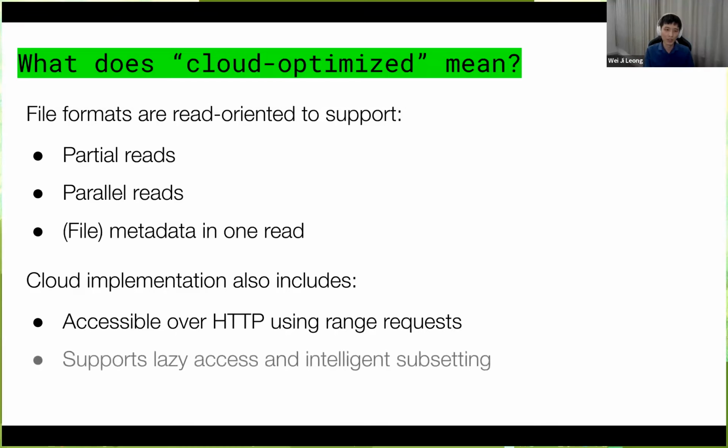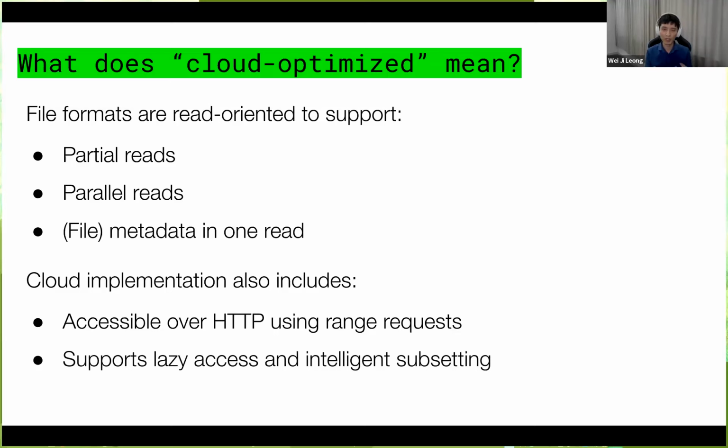Cloud optimized formats typically also support lazy access. So instead of loading an entire file, which could be several gigabytes in size, you have enough metadata to know what's in the file, and you only access or run your computations on the file once you know what you're working with.